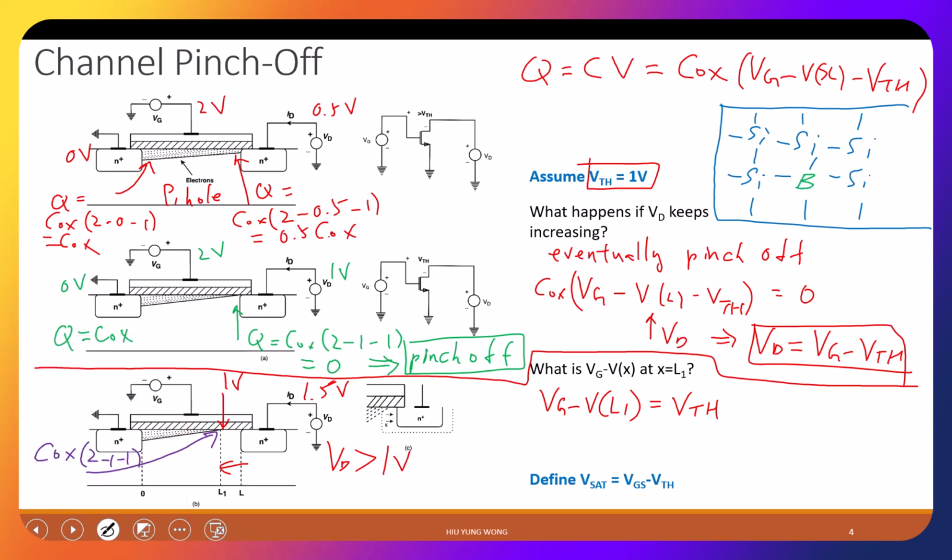The boron only has 3 electrons on the outer shell. Silicon has 4 electrons on the outer shell. This is a little bit confusing if you're not familiar with it, but you can consider this as a negative charge boron plus a hole.